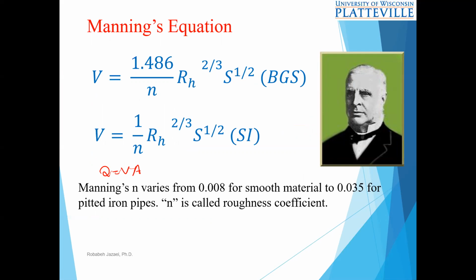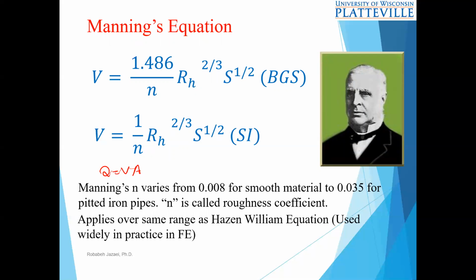Sometimes in different textbooks you can see another equation for flow, but basically both are the same thing. You can see a new thing in this equation, which is N. What is N? It's the roughness coefficient. Again, there is a table where you can find the roughness coefficient for the Manning equation. S is the slope and R_H is hydraulic radius.